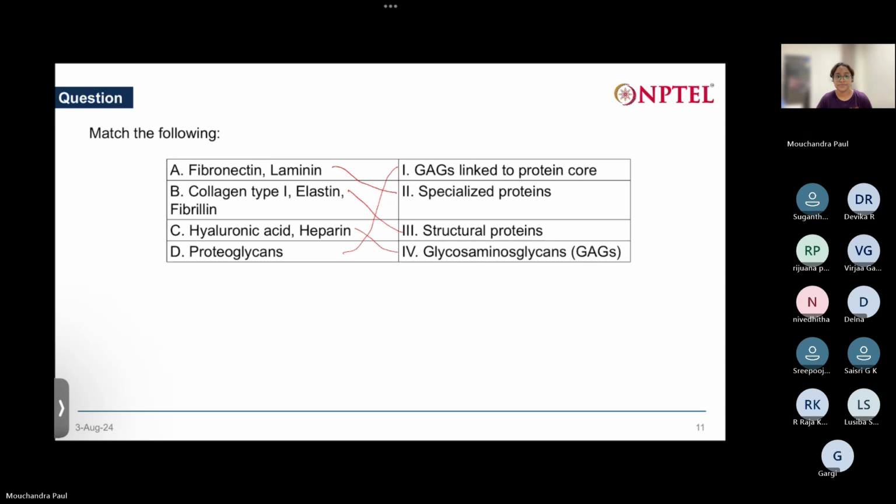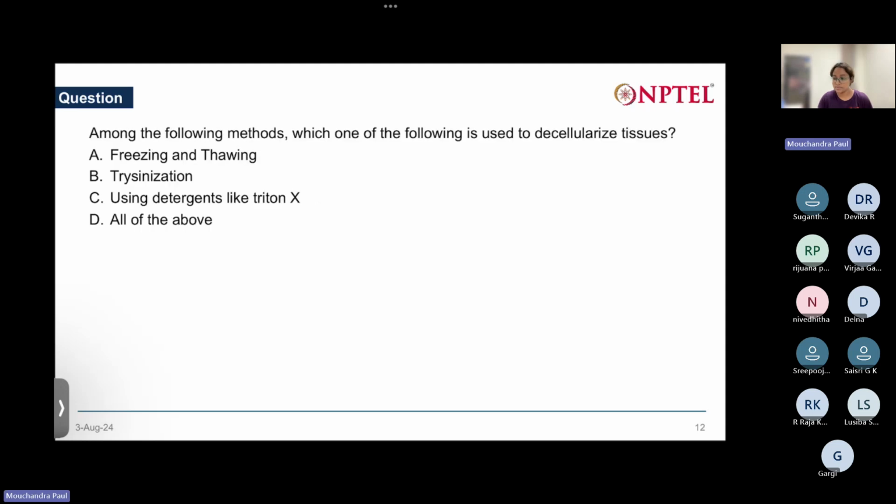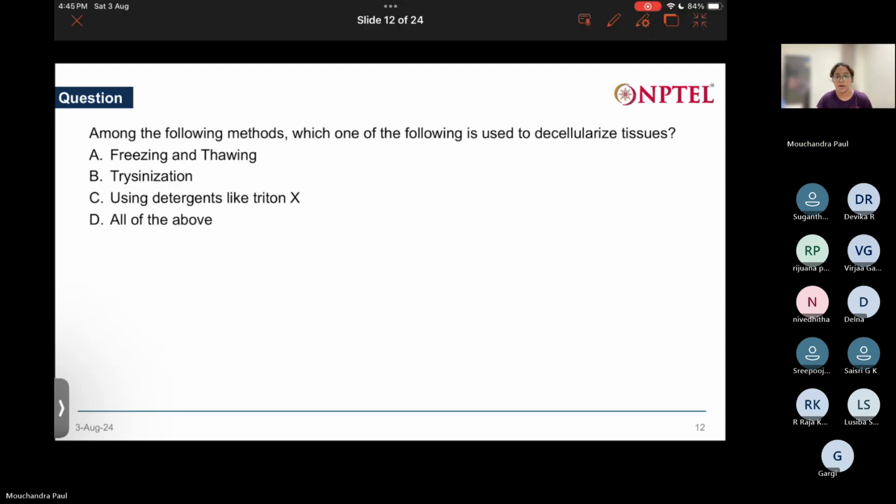Moving on, among the following methods, which one is used to decellularize tissues? A, freezing and thawing; B, trypsinization; C, using detergents like Triton X; D, all of the above.